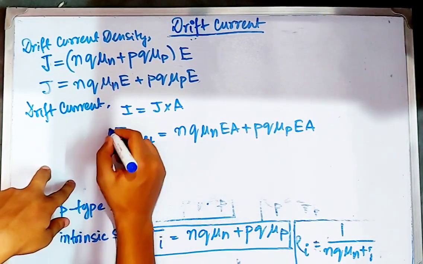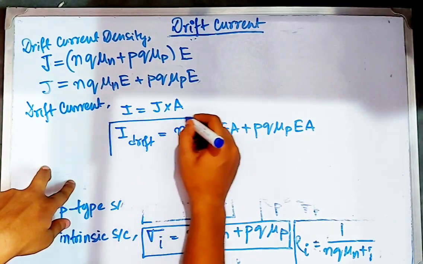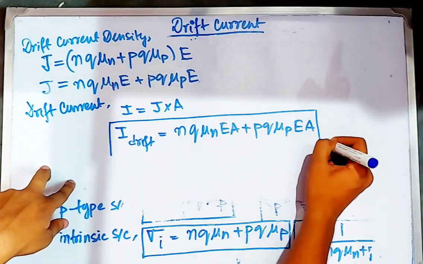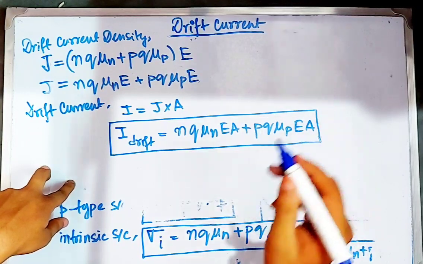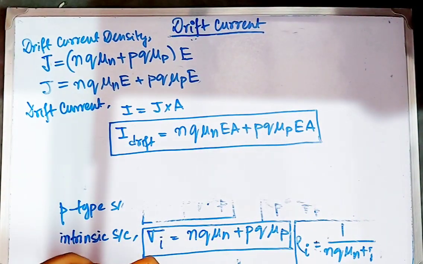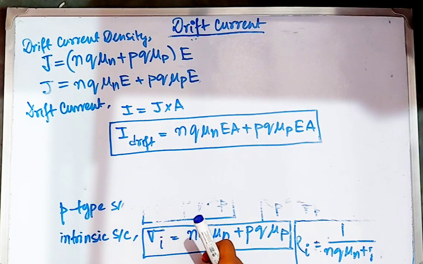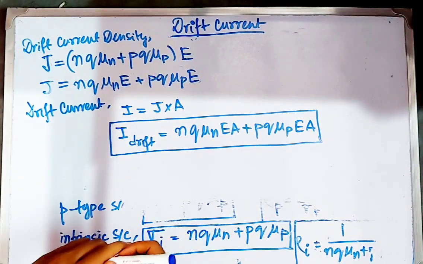So this is the formula for drift current. I guess up to this everything is clear.